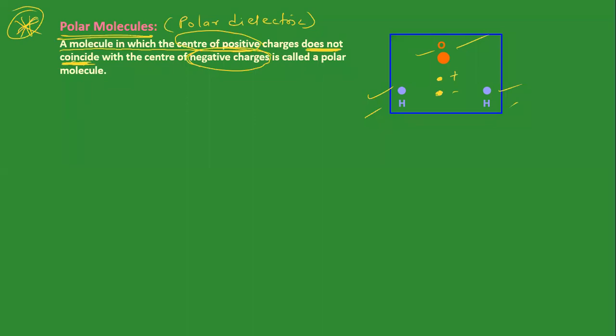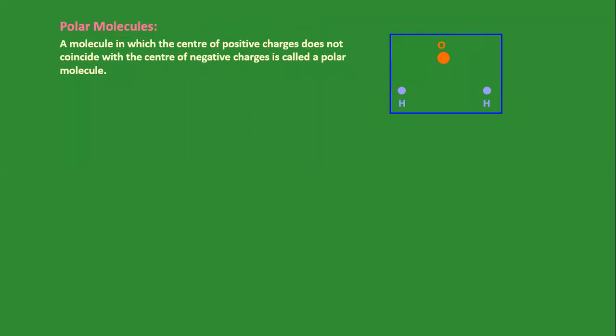I hope you understood polar. Polar means the centers of positive and negative charges do not coincide. So non-polar means the opposite, where they coincide.